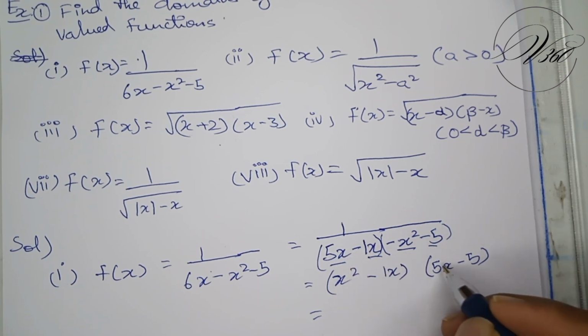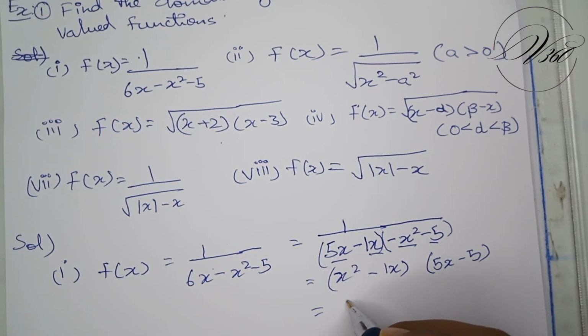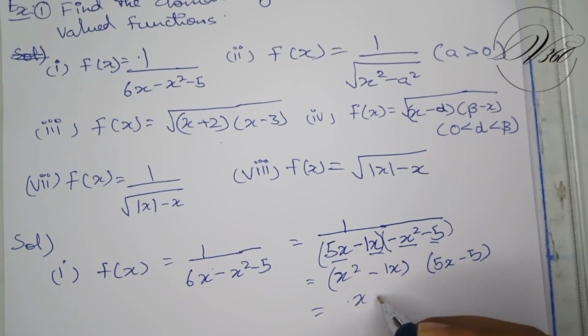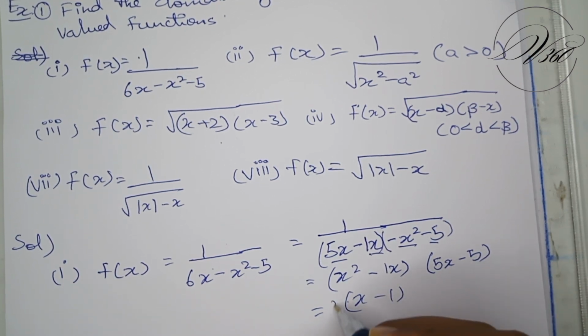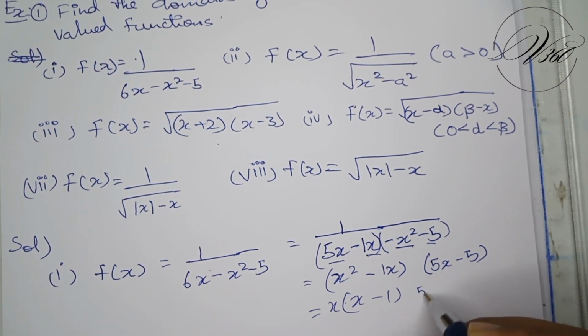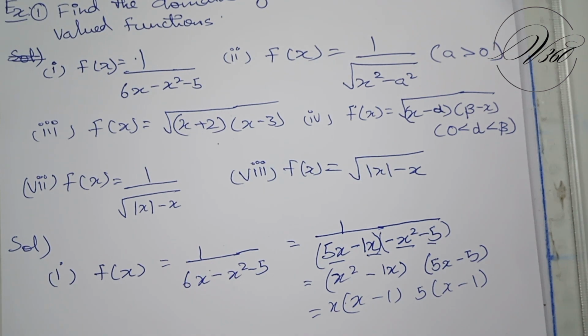This is a plus, so here plus only. Now we will take here x square minus 1x, that is x of x minus 1, and here 5 of x minus 1, okay.